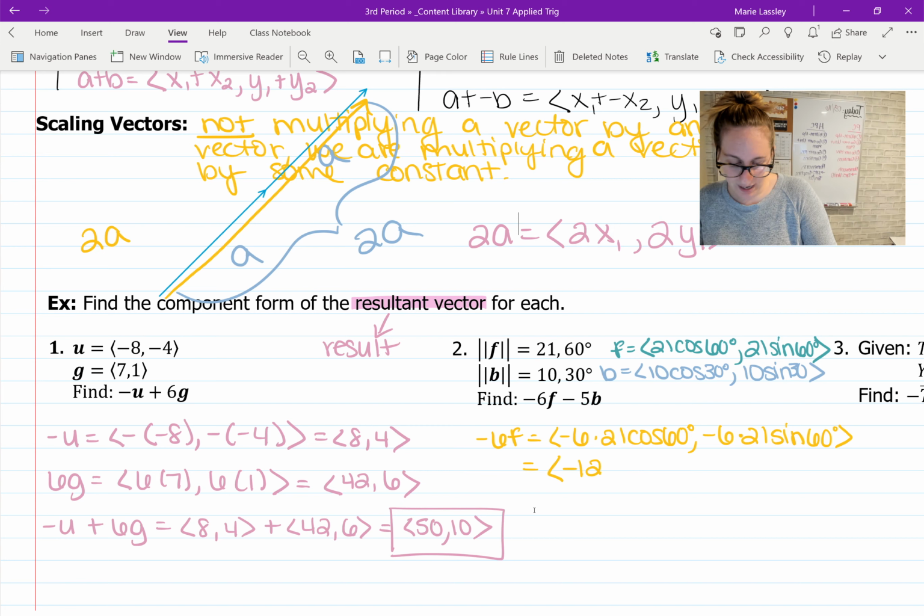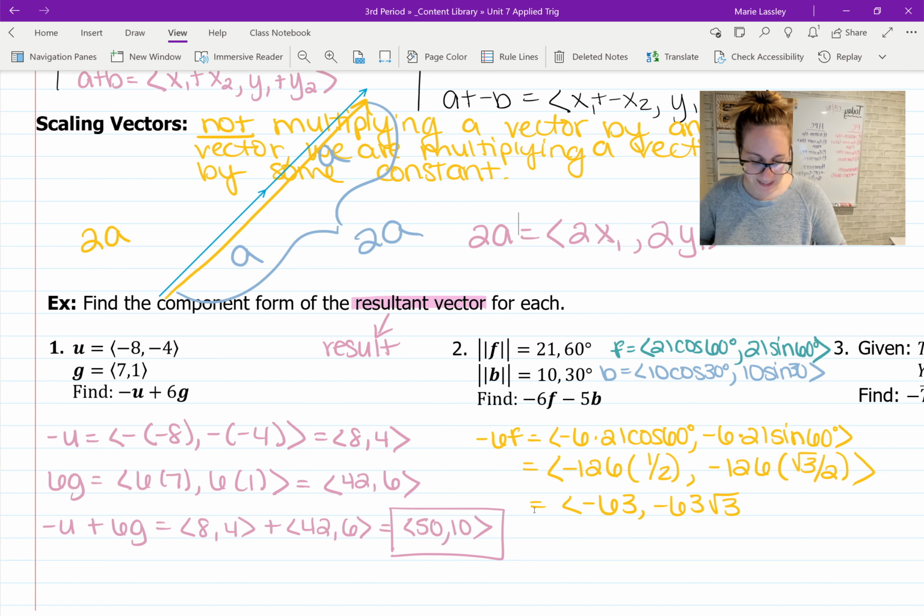Cosine of 60 is 1/2. This is also negative 126, and sine of 60 is √3/2. One more time, simplifying, I can multiply by 0.5, and that gives me negative 63, comma, negative 63 square root 3. So that's negative 6f.